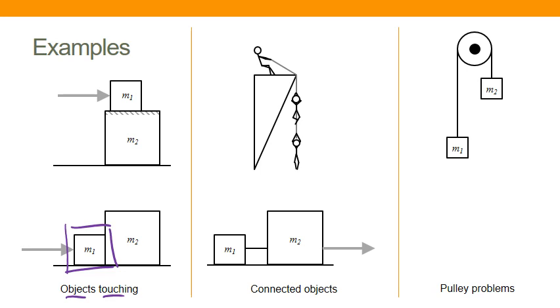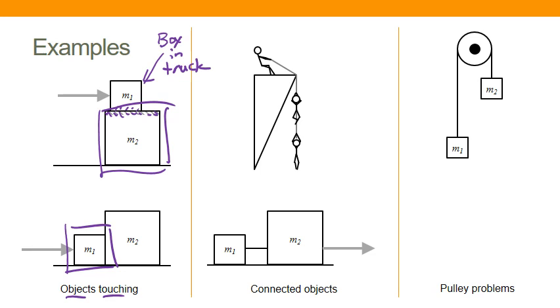This could be the case of stacked boxes, where maybe there's friction between one box and the other box. This also would be the case of the box in the back of the truck. And so you can see how this general idea of two objects touching and forces on them could be turned into lots of different situations.